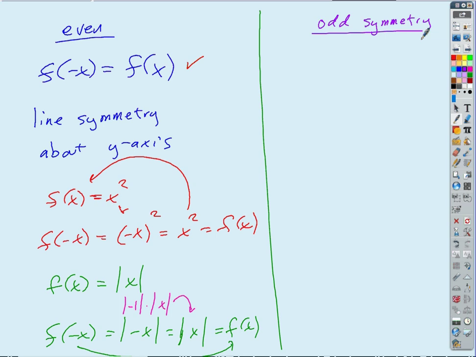The test is f of negative x equals negative f of x. What it manifests as in terms of graphical symmetry is rotational symmetry about the origin.